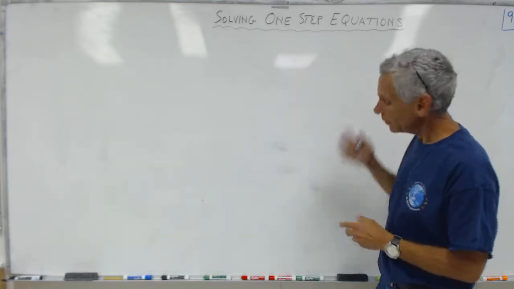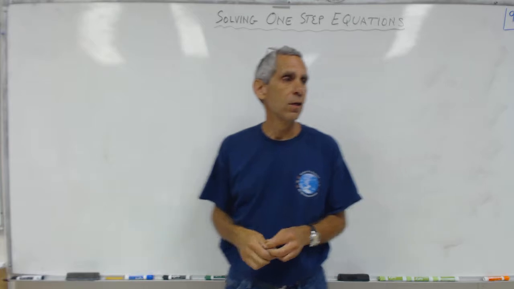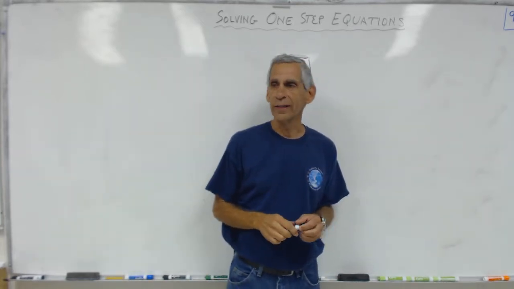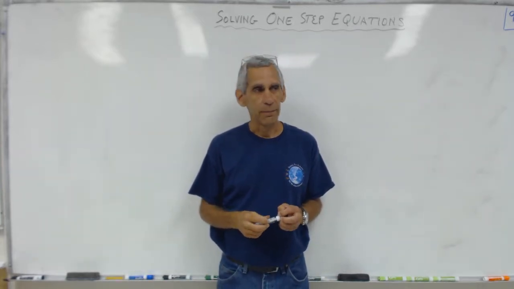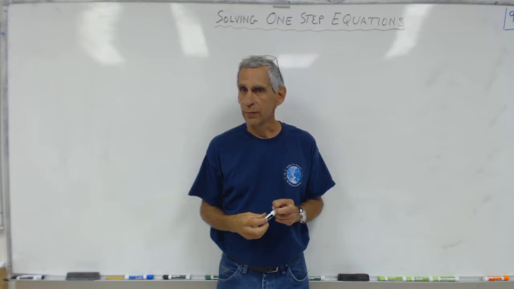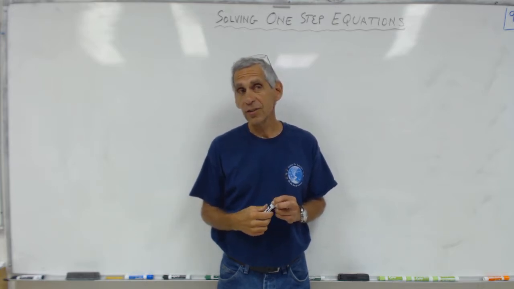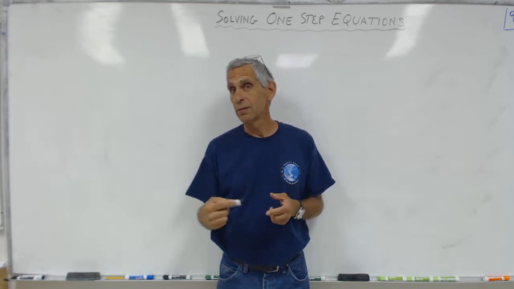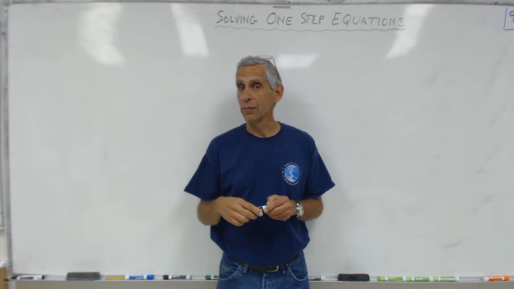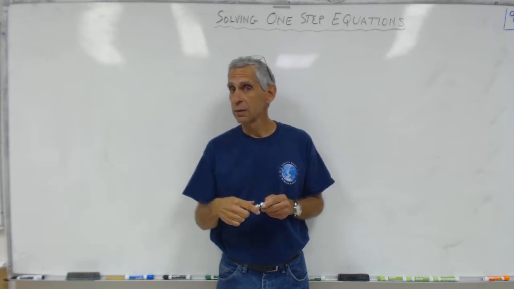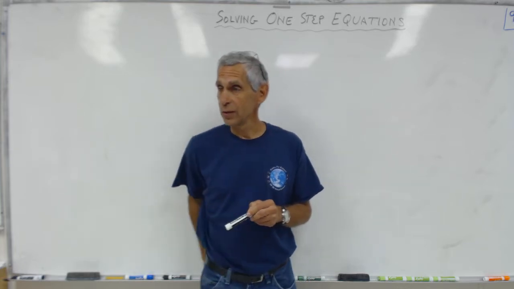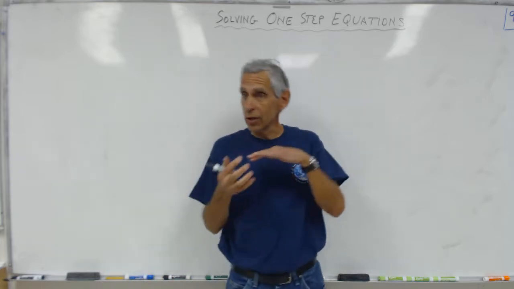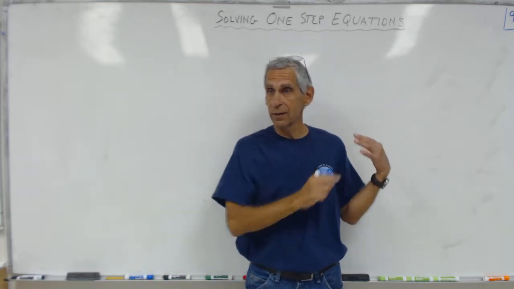First of all, though, can somebody explain to me what is an equation? It's actually a statement, right? An equation is a statement. An expression with an equal sign on the end of it, but there's also got to be something on the other side, right?